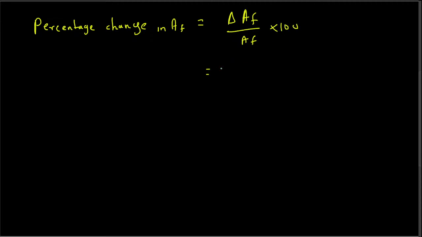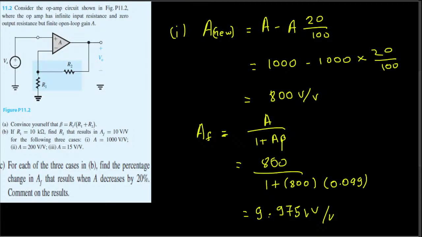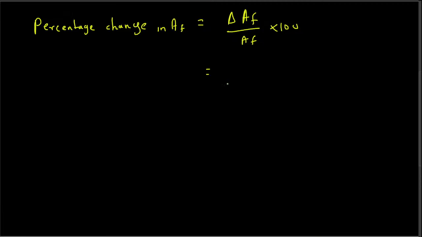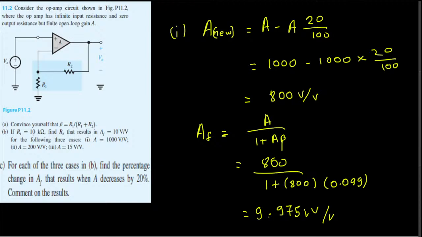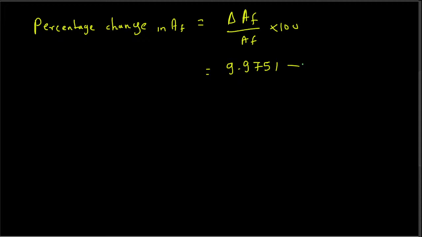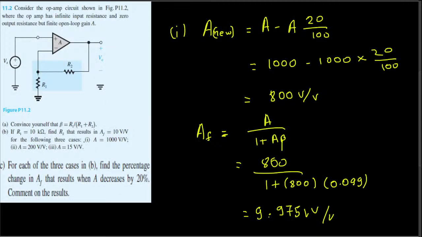Delta AF is the value we have right here, that is 9.9751 minus the closed loop gain that is provided to us in the part B. You see that the closed loop gain provided is 10 voltage per voltage. So that's the one we put right here. That's the change. We put 10 in the denominator and multiply by 100, and you will end up getting negative 0.25% for this. Similarly we do for the second one and third one.